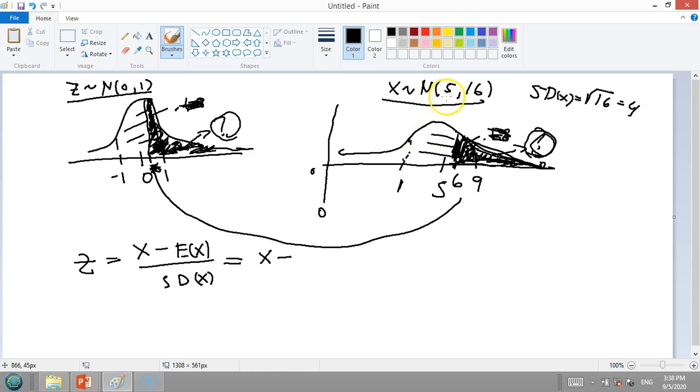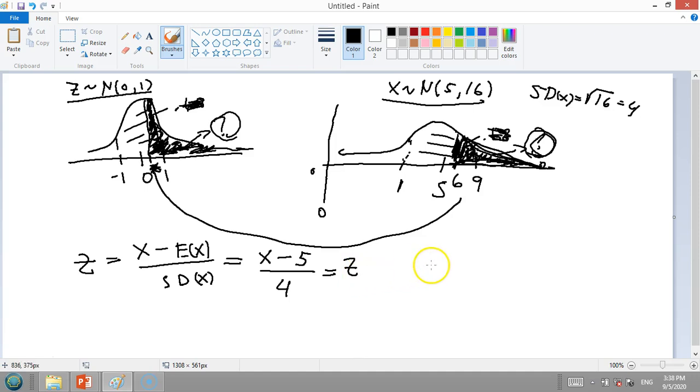First let's see what it's equal to in this case. The expected value of x is 5. And the standard deviation of x, as I computed it here, from the given 5 and 16, is 4. So that means z equals this. If I want to transform any number from x into z, I just plug in x here and it spits out a z.